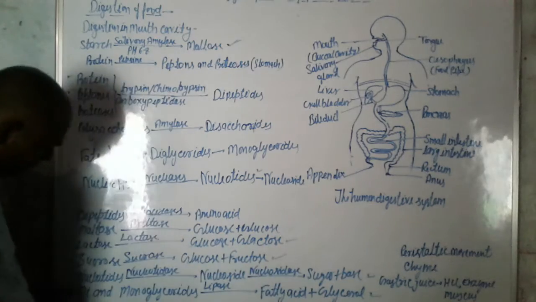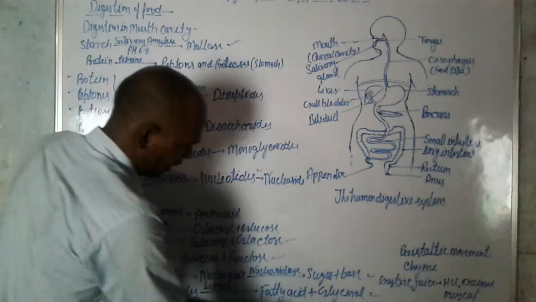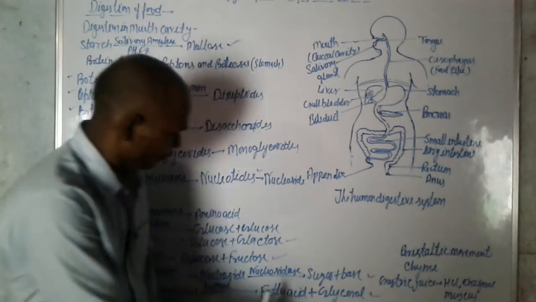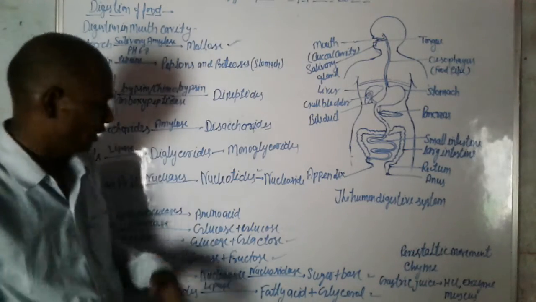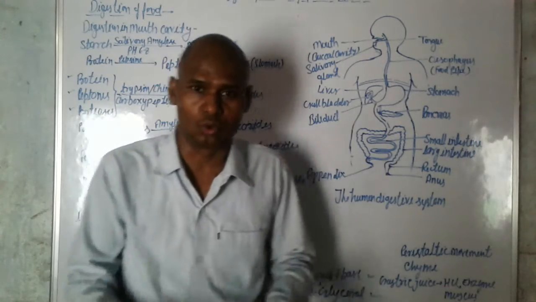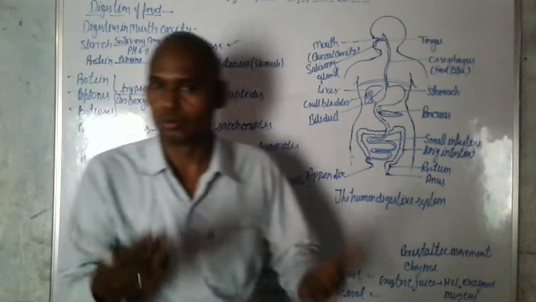Di and monoglycerides are converted by lipase into fatty acid and glycerol. So our protein is converted into amino acid, and the other carbohydrates are converted into glucose.